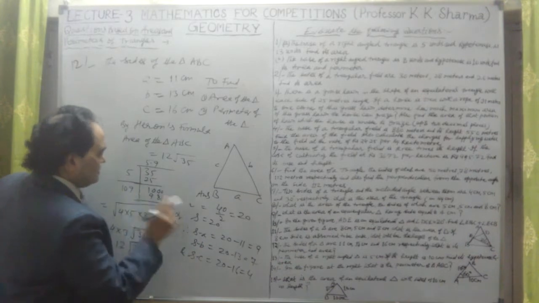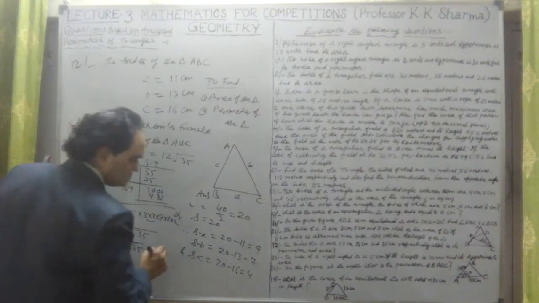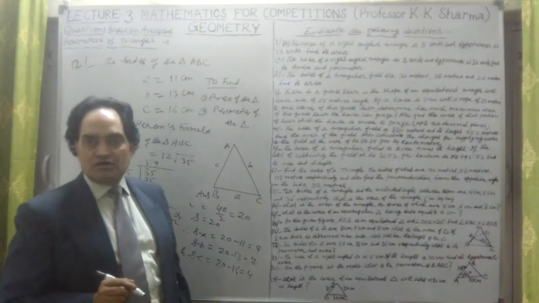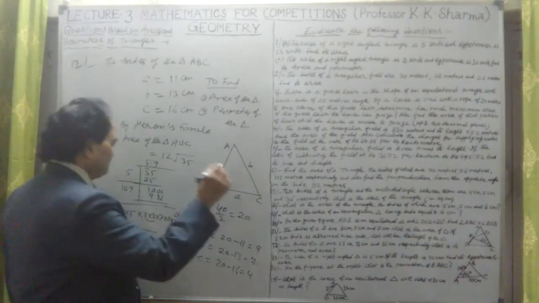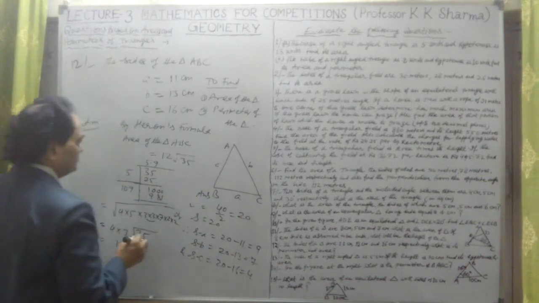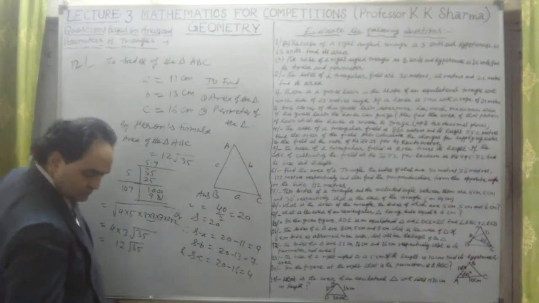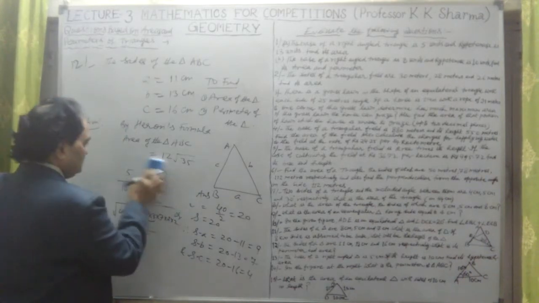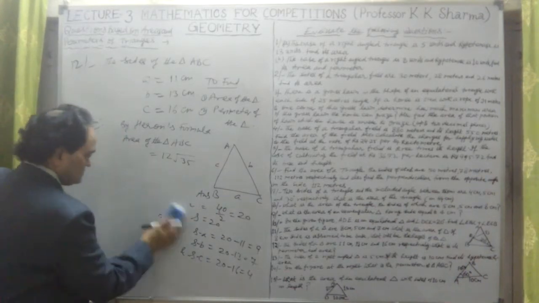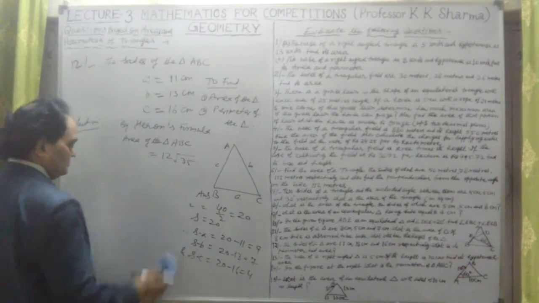So 5.9 let me substitute here. 36 is going to be 6 undoubtedly, so it will be 5.9 something. Let me substitute square root 35 as 5.9.